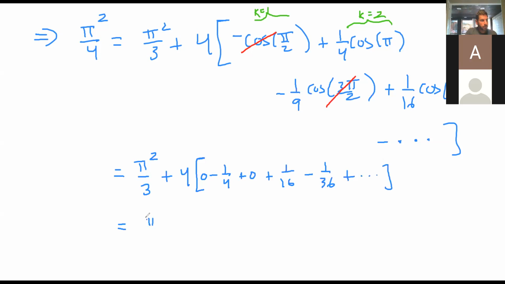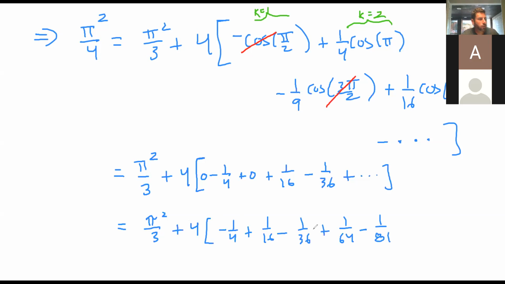So if we clean this up, this is pi squared over 3 plus 4. And what do you have here? Well, this is going to be -1/4 plus 1/16 minus 1/36, and it's going to be plus 1/64, minus 1/81, or it's not 81. So it's 2, 4, 6, 8, 10. So this would be 100.